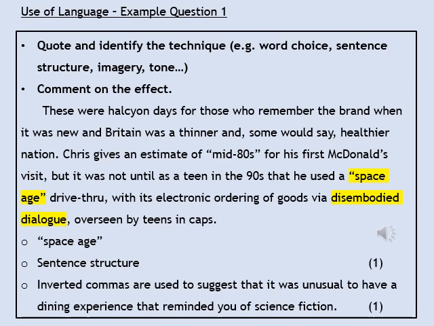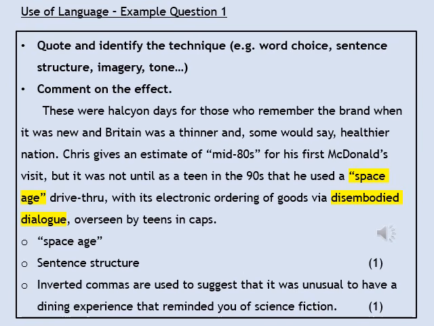Let's look at the first example of a use of language that's evident in this passage. We've got to quote and identify the technique, whether that's word choice, sentence structure, or imagery, for example. Here, I've chosen 'space age'. This is an example of inverted commas being used.